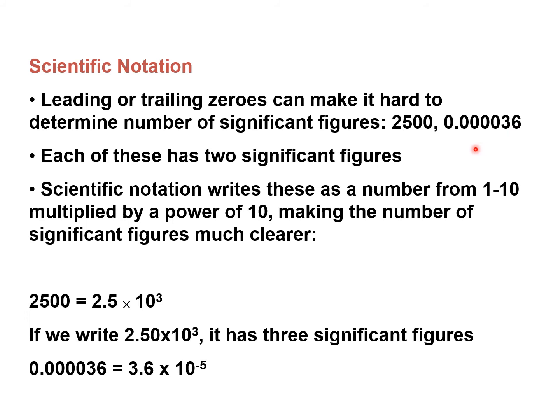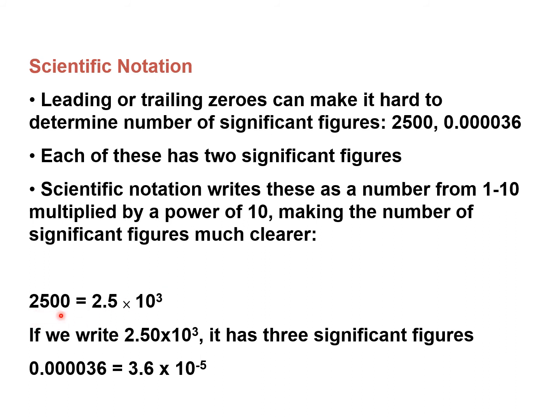Okay, so it's quite hard to measure the significant figures, so therefore we introduce to you the scientific notations. The scientific notation writes this as a number from 1 to 10 that is multiplied by a power of 10, making the number of significant figures much clearer.